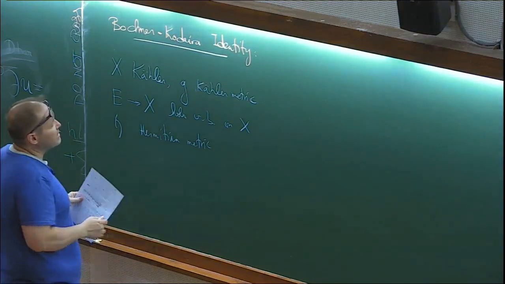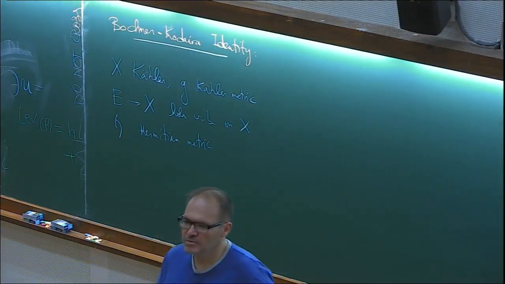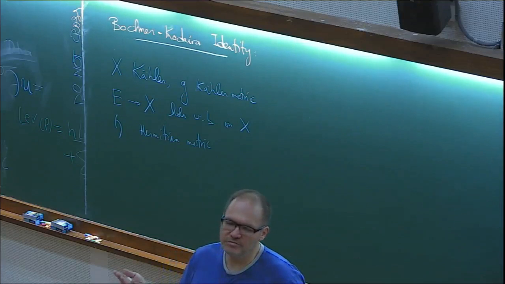Now what we want to do is set up an identity which will give us an a priori estimate to solve the d-bar equation. We're trying to turn it into a linear equation that we should try to invert, and the estimate is meant to say that the smallest eigenvalue is positive.